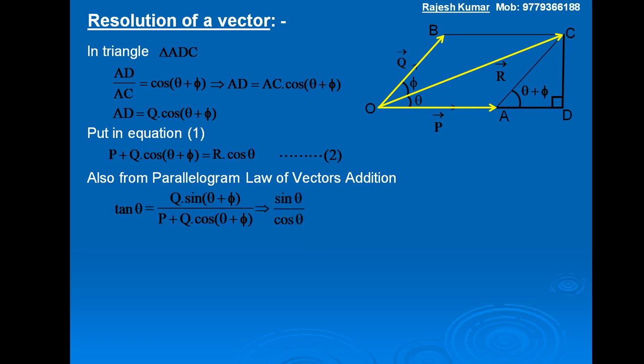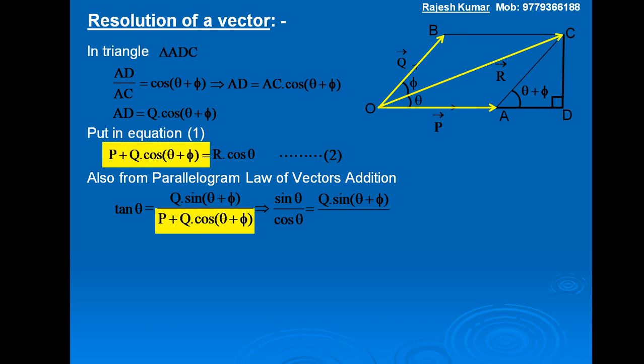Because tan theta is equal to sine theta upon cos theta, it is equal to Q sine theta plus phi upon P plus Q into cos theta plus phi, which is equal to R cos theta from equation number 2. So put its value R cos theta.